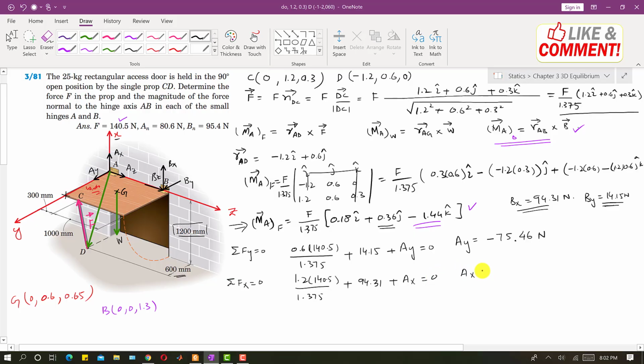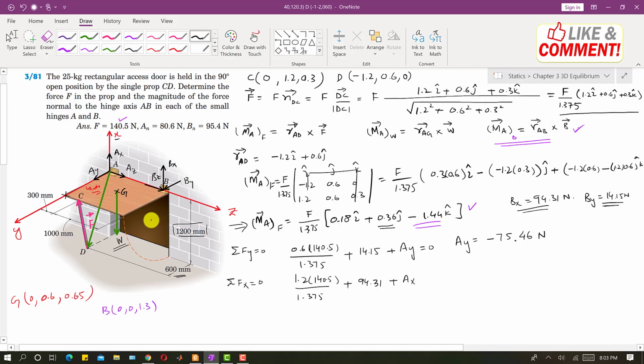So this will give us the magnitude of the component at A along X. In this equation we have missed the weight as well, since this weight is acting in the X direction, so we have to add that weight.